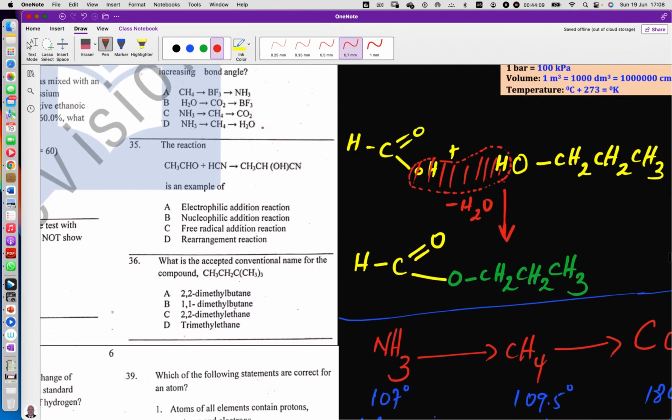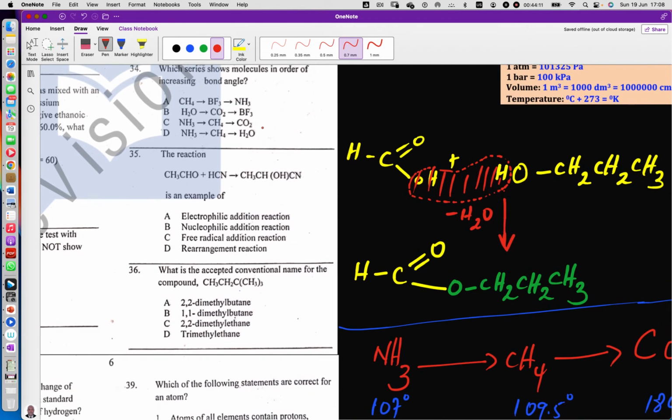The options go from methane to boron trifluoride, then to ammonia.